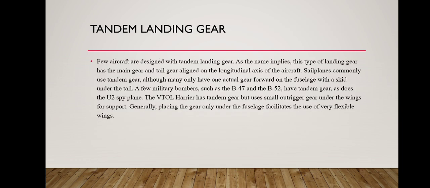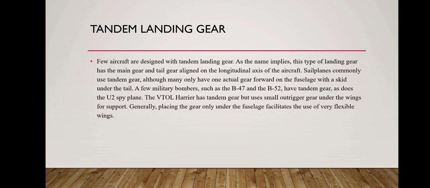Tandem landing gear. Few aircraft are designed with tandem landing gear. As the name implies, this type of landing gear has the main gear and tail gear aligned on the longitudinal axis of the aircraft. Sailplanes commonly use tandem gear, although many only have one actual gear forward on the fuselage with a skid under the tail.